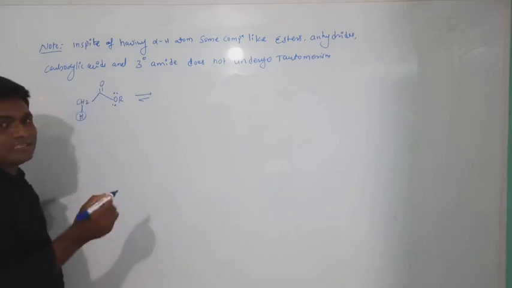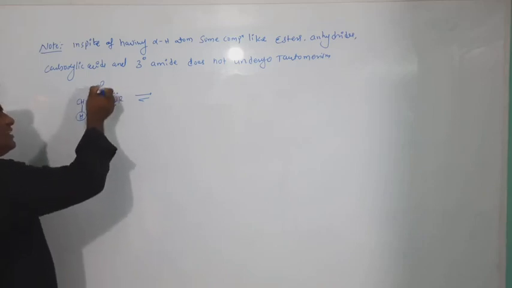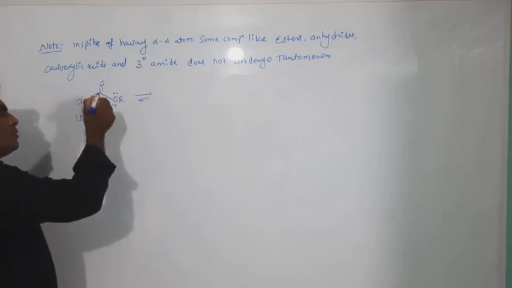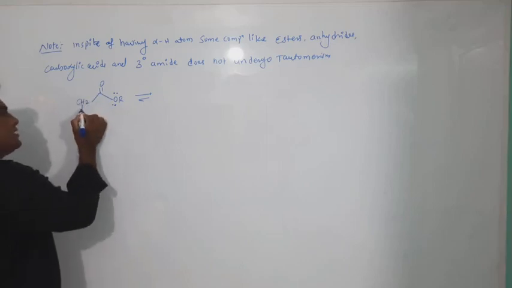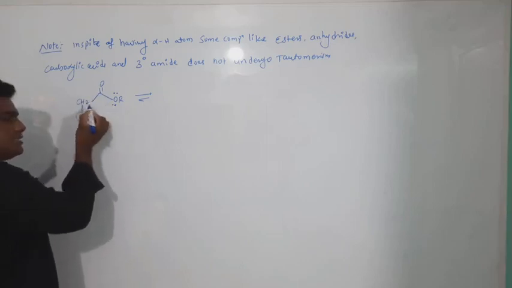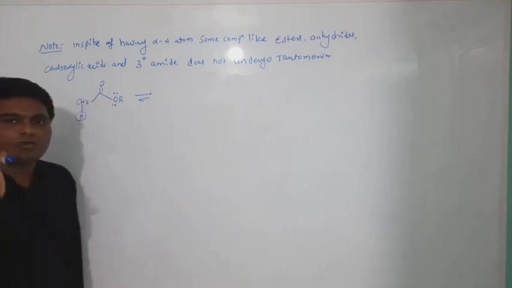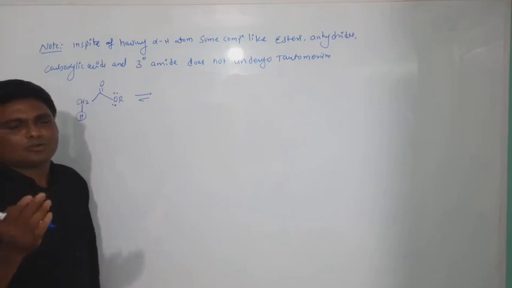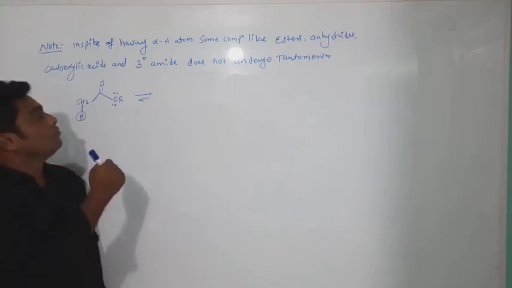The carbonyl group can easily take the lone pair, but it is a little bit difficult to take the sigma electron, as it has to break the sigma bond. So this oxygen will tell the carbonyl group, why are you taking tension? I have 2 lone pairs, I will give you, and stabilization will take place.